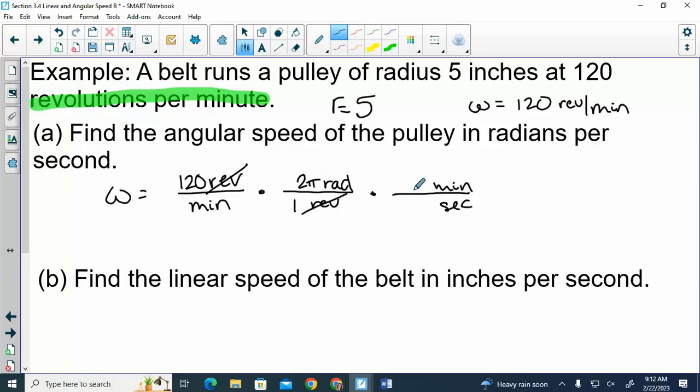What do we know? 60 seconds. So then we multiply. I'm not going to multiply out the pi, so 120 times 2 divided by 60 gives us 4 pi radians per second.